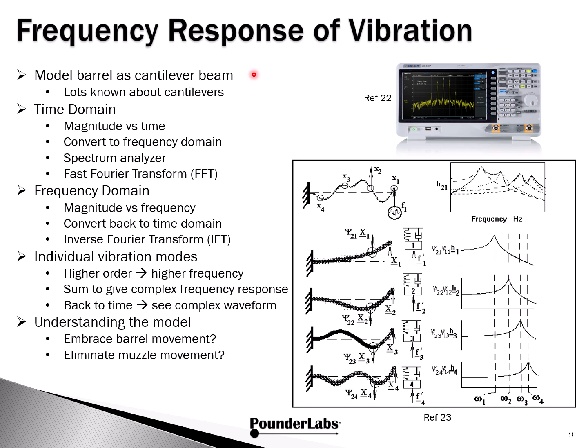Let's now consider the frequency response of vibration. We're going to make the simplifying assumption and model the barrel as a cantilever beam. There's a lot known about cantilevers. We see things in the time domain, where magnitude is a function of time, and we can convert this signal into the frequency domain.